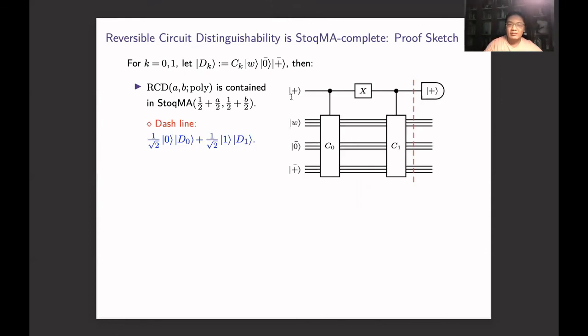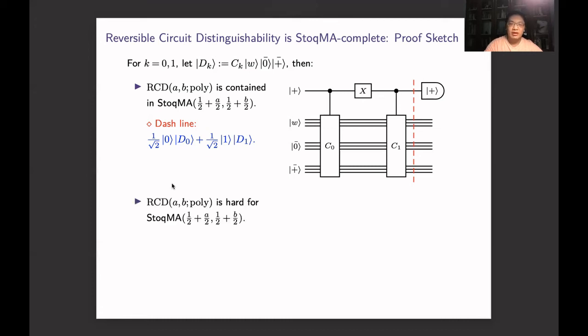We start from a state, which is |+>, then first run the controlled C0, then flip the first qubit, then run the controlled C1, then the state before the measurement, namely the dashed line. What we have is a uniform superposition between |0>|D0> and |1>|D1>. So by straightforward calculation, we know it is indeed contained in StoqMA with completeness half plus A over 2 and soundness half plus B over 2.